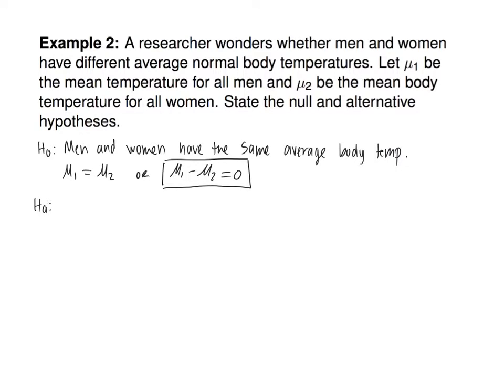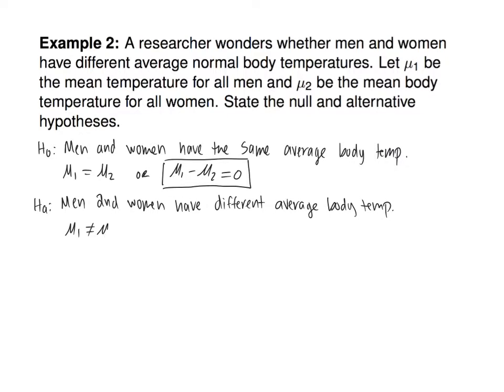And HA is that men and women have different. Did they specify a direction? No. And since they don't specify a direction, then you just say mu1 is not equal to mu2, or mu1 minus mu2 is not equal to 0.